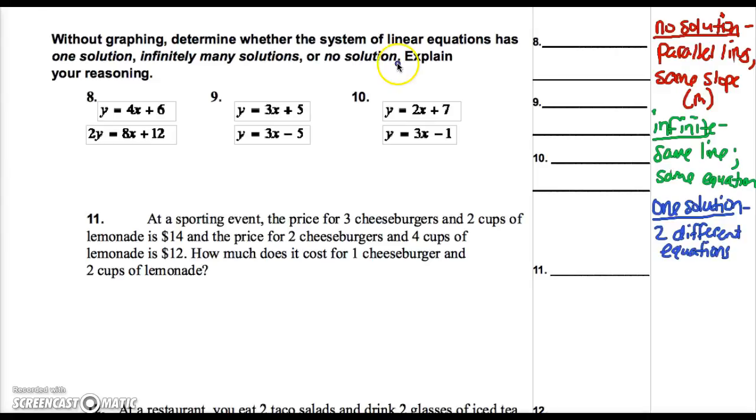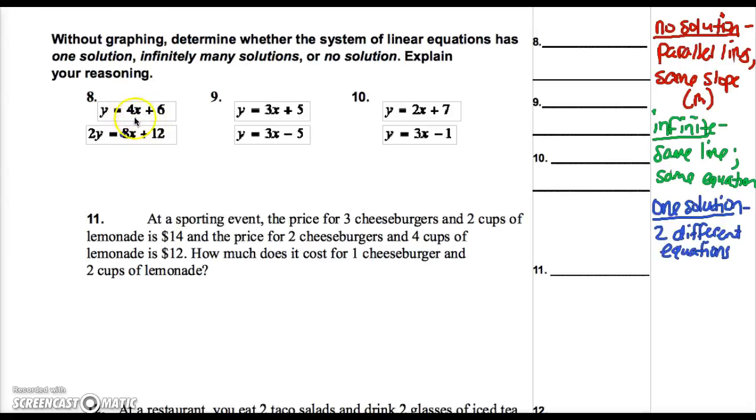So let's jump over and look at number 8. We have y equals 4x plus 6 and 2y equals 8x plus 12. The first thing I notice is there's a pattern from the first one to the second one. I multiply by 2 every single time. So these two equations are essentially the exact same thing, just the first one is a simplified version of it.